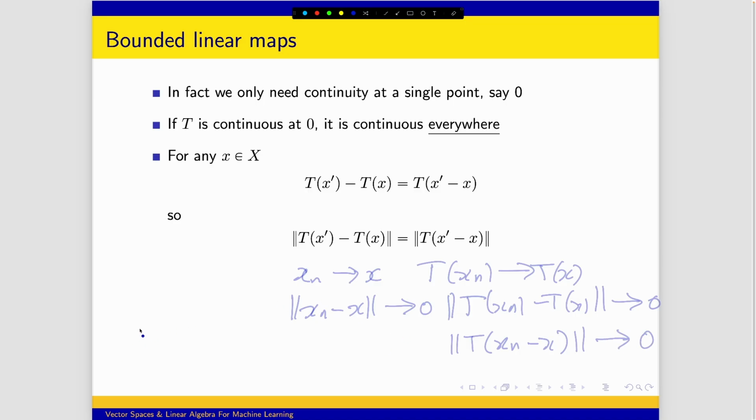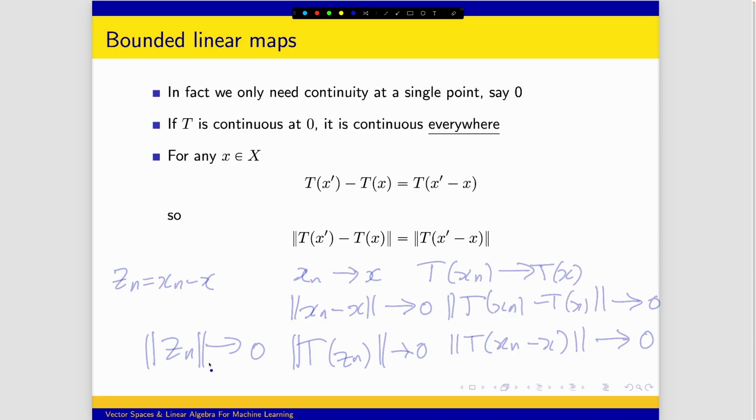Now let me define Zn as xn minus x. Then what is this? It's saying that if Zn, which lies in X because both of these lie in X, converges to 0, then we must have T(Zn) converging to 0.